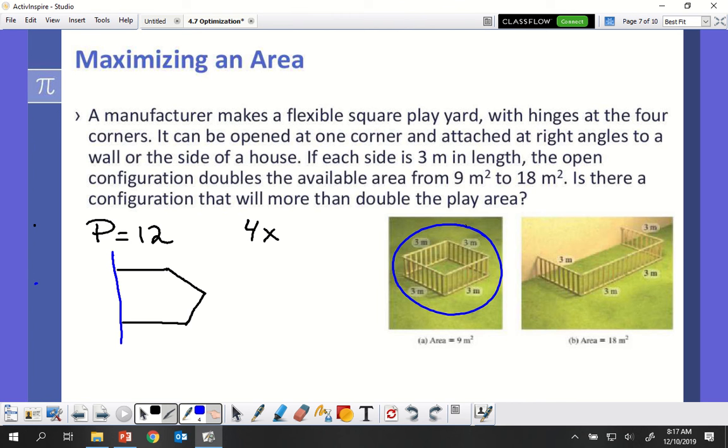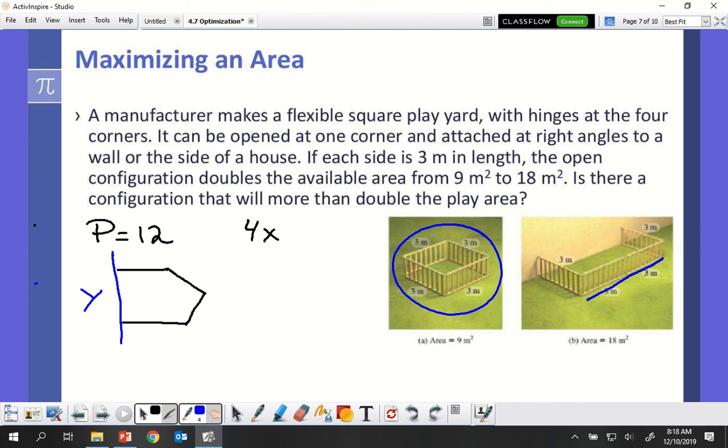So, yeah, let's try this. So the most that this could be, let's give it a y value. And the most that this could be is what? 6, right? Because that would be right here. That would be this one right here. That would be right there. So that would be 6 there.